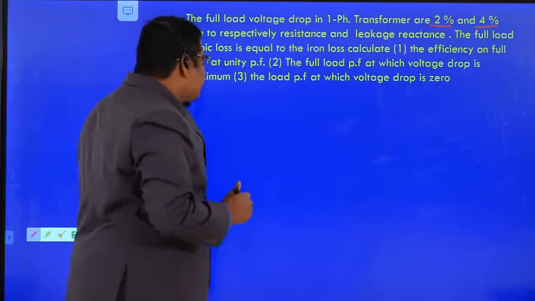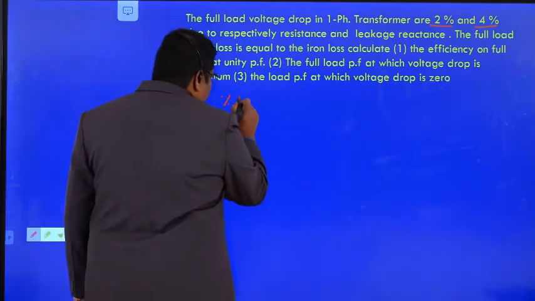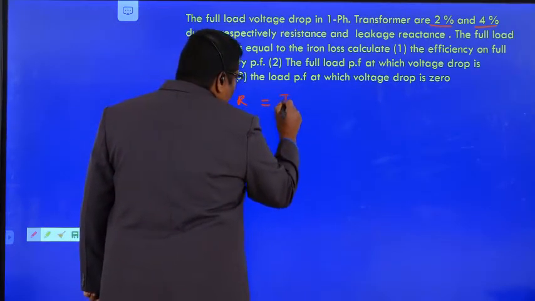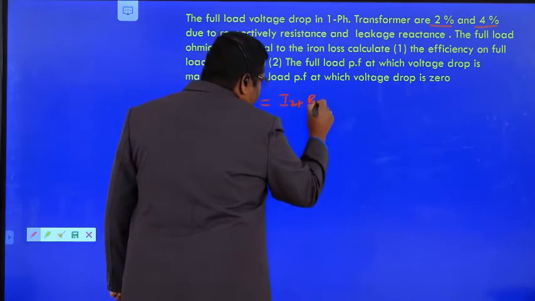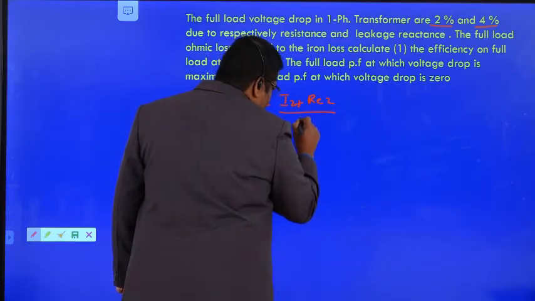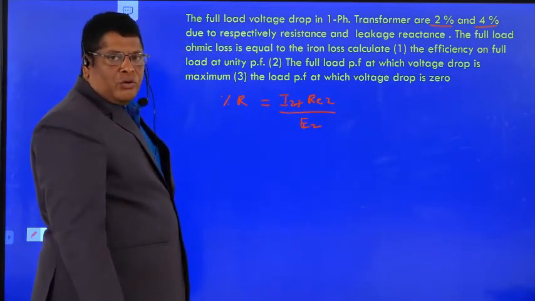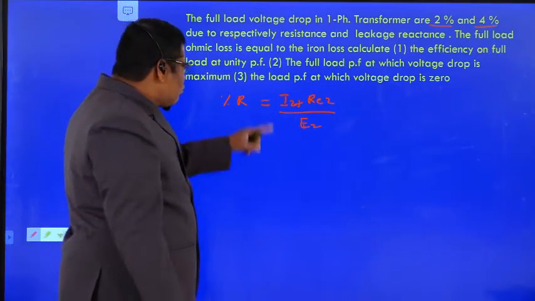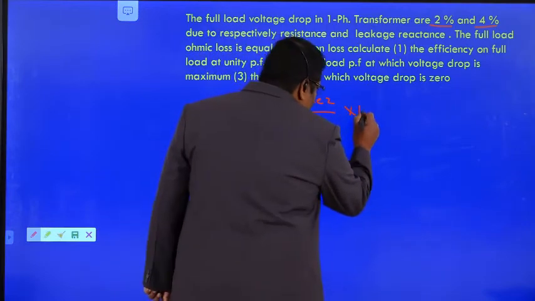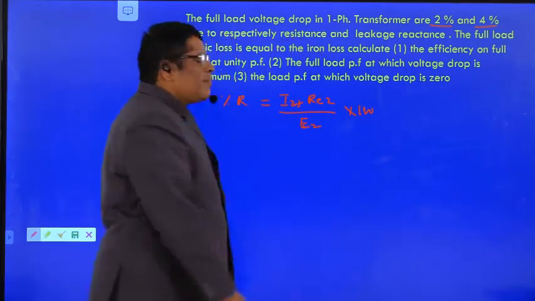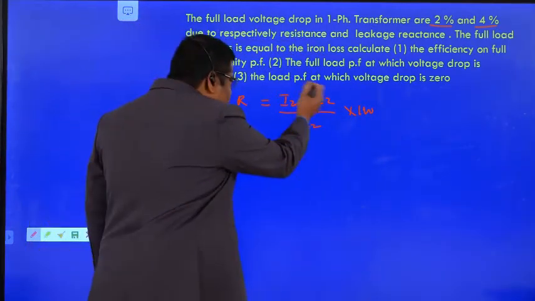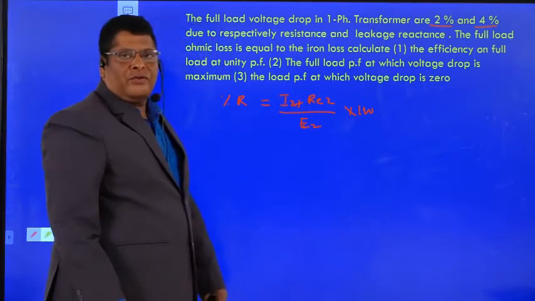Suppose you take the percentage resistance: percentage resistance equal to I2F Re2 divided by E2, the no load secondary voltage, into 100. This is the percentage resistance, which is nothing but a per unit value.